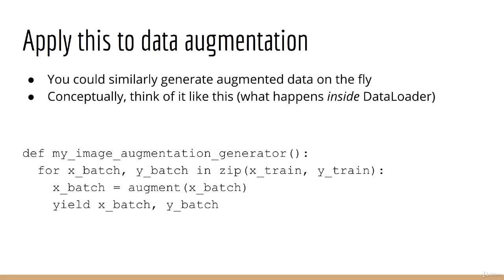So in PyTorch, when we want to do data augmentation, it's a similar concept. Instead of pre-calculating all of our augmented images beforehand, we are going to create them on the fly. You can imagine that it looks something like this. For each batch of data, we augment X batch using some randomly generated values. Then we yield X batch and Y batch.